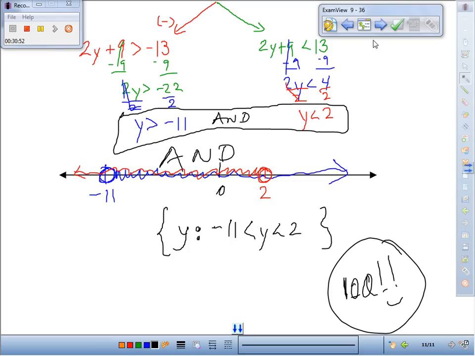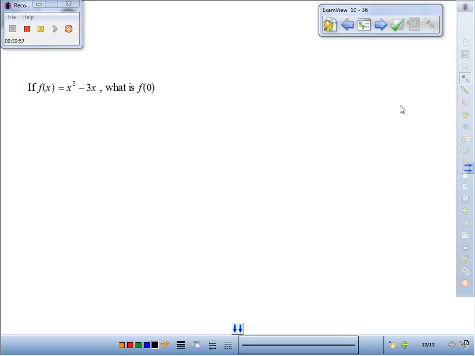All right, let's go to number 10. Number 10. All right, it says, if f of x equals x squared minus 3x, what is f of 0? Check this out, guys. Pens down, please. Pens down.